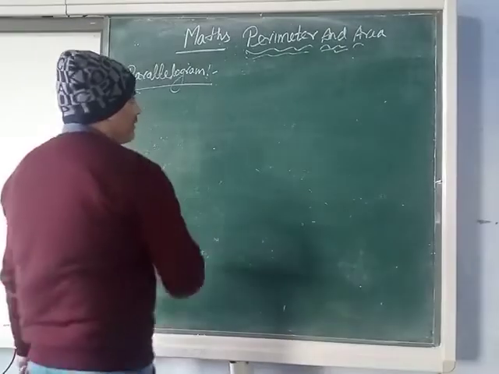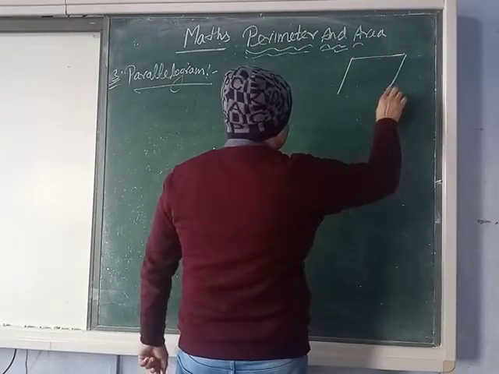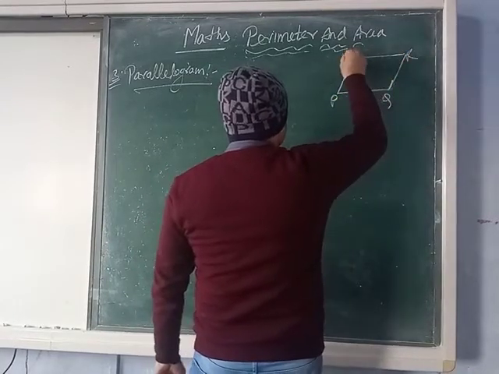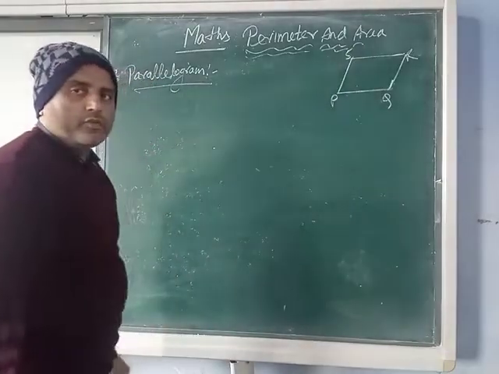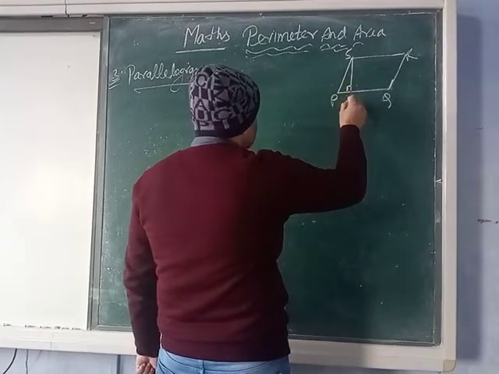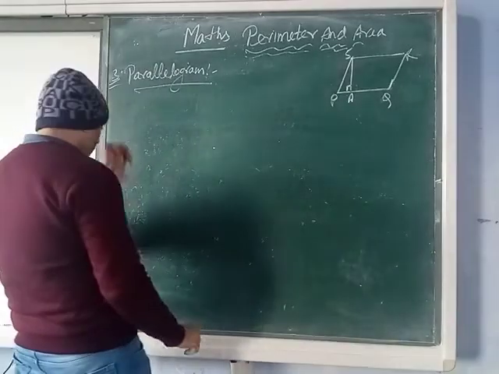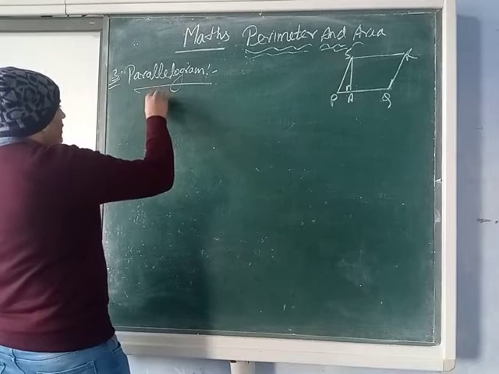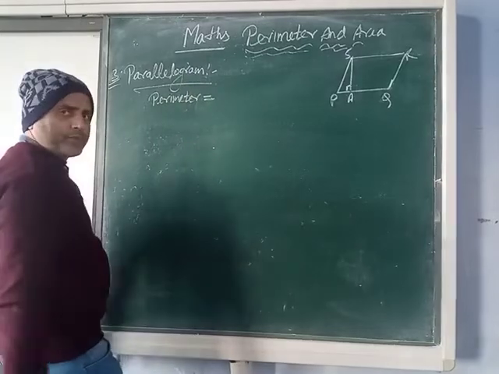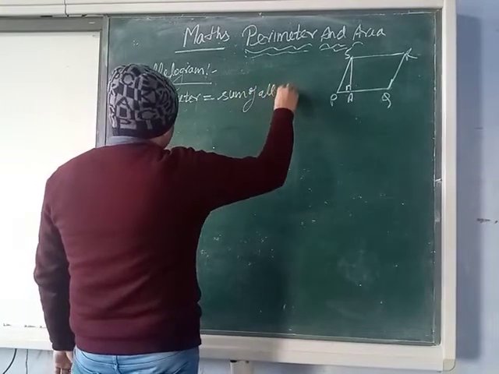So now see, simply to find the area of a parallelogram, we have to know what the height or altitude is. Let this be the altitude. Then for finding the perimeter, simply write down the sum of all sides.